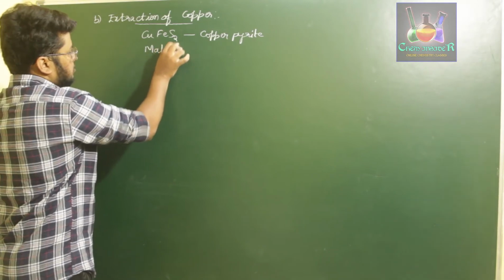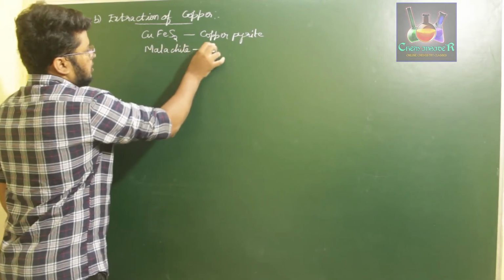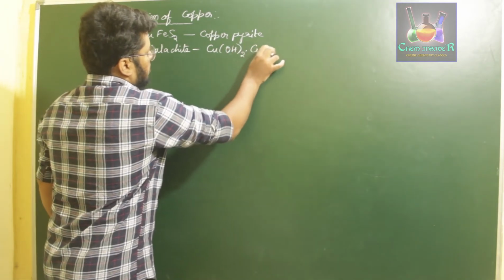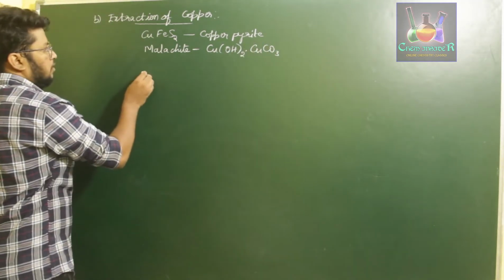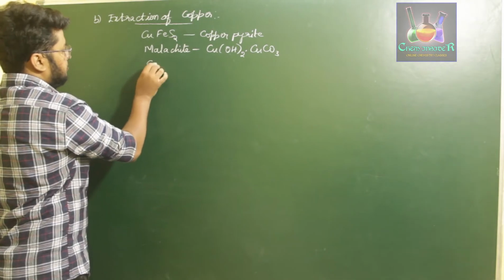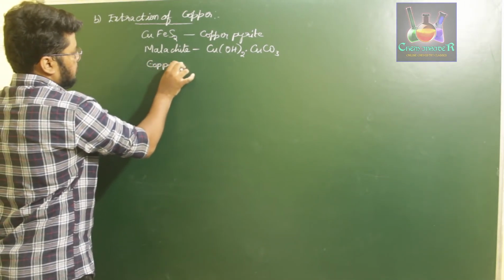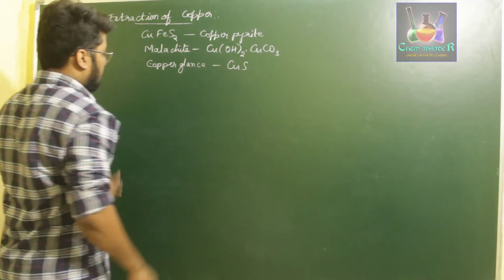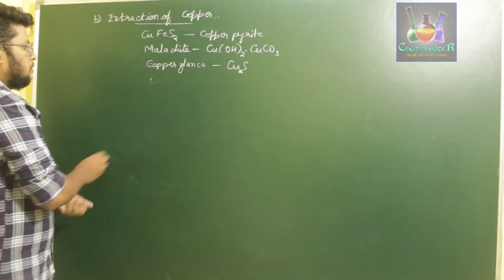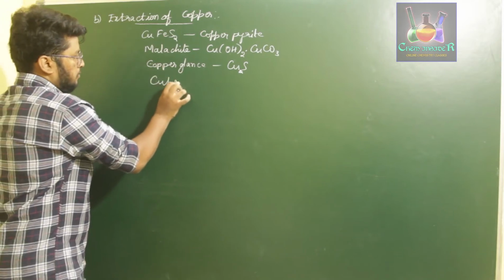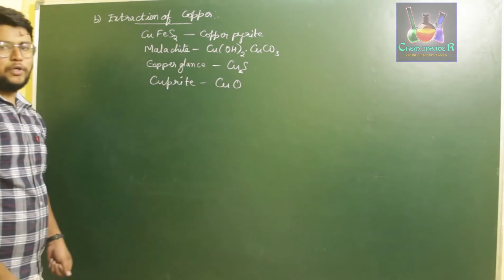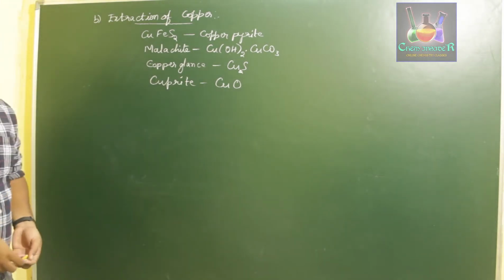Malachite, that is Cu(OH)2 dot CuCO3. We have copper glance, that is Cu2S, and then we have one more, cuprite, that is Cu2O. So these are the four important ores of copper.